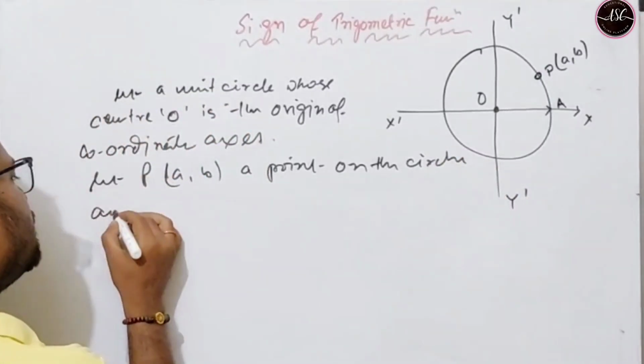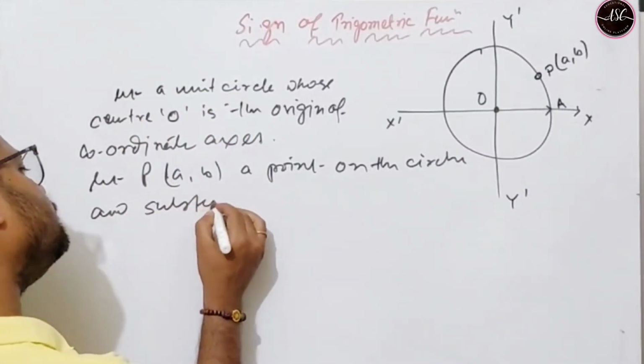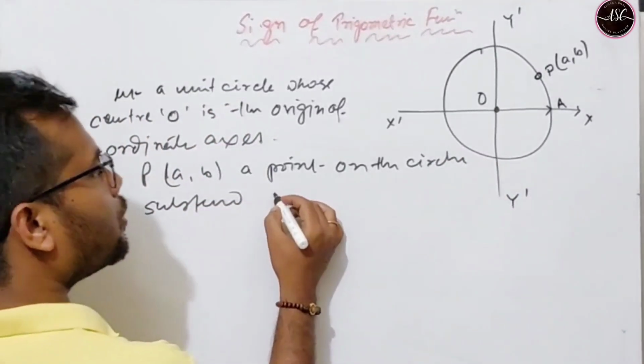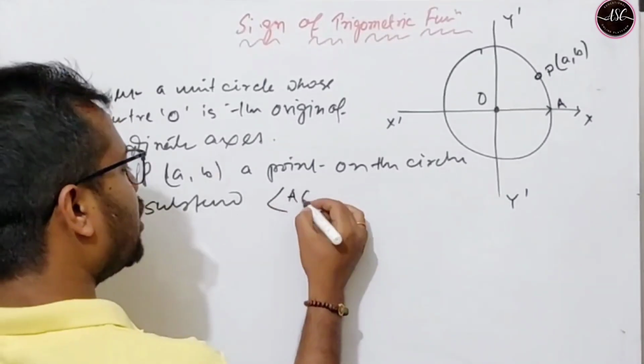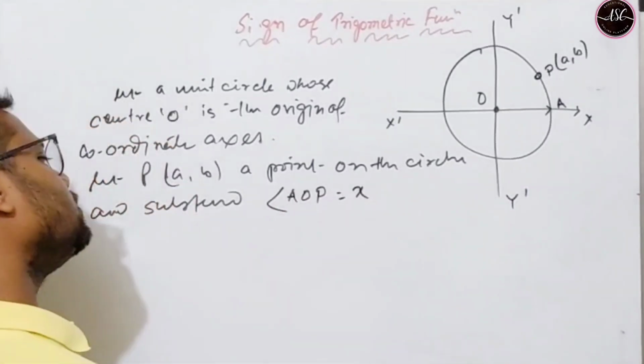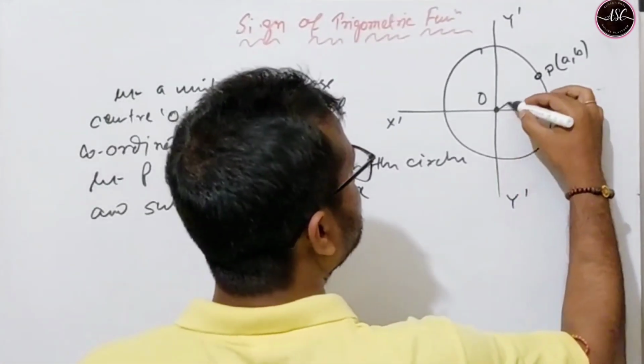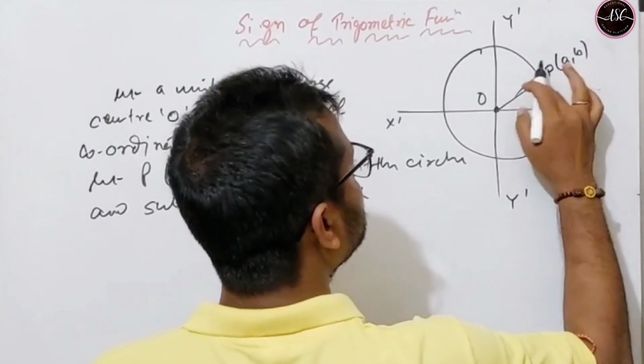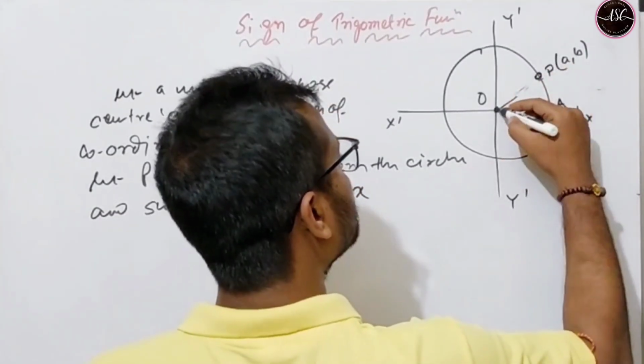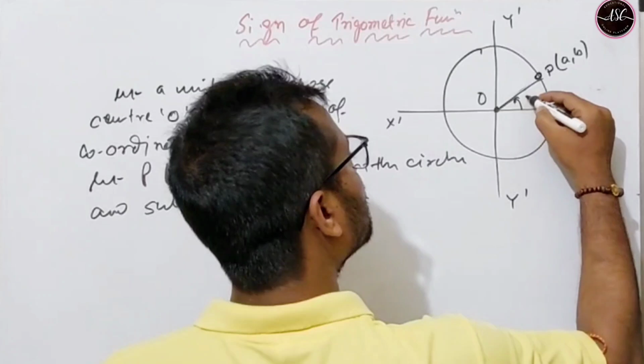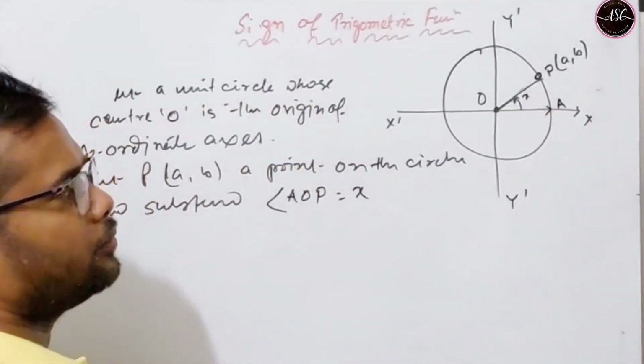Okay, and subtend angle AOP equal to x. Let this be x.